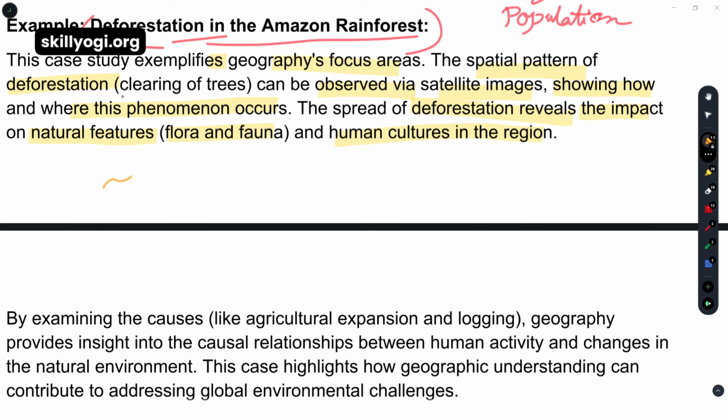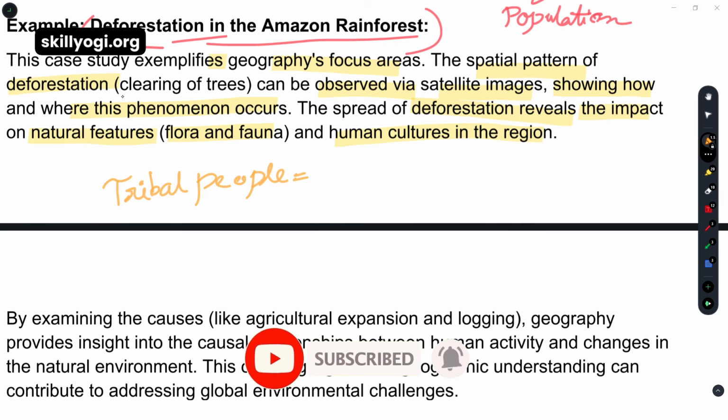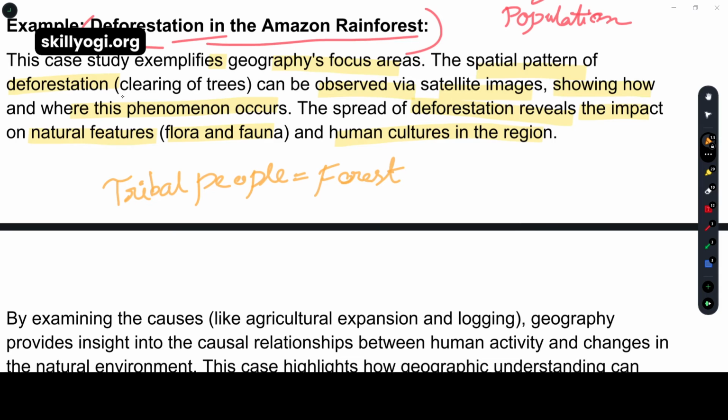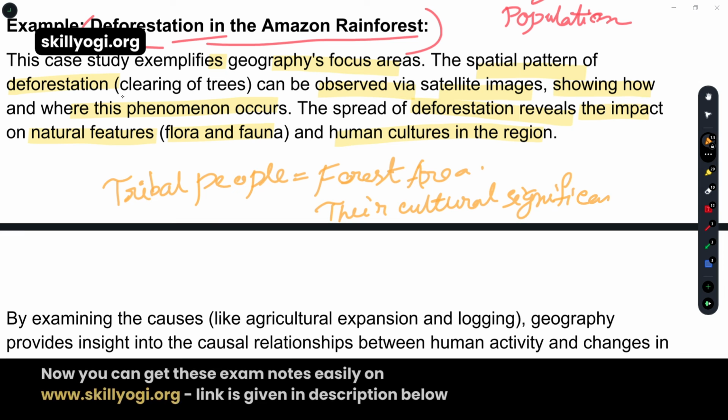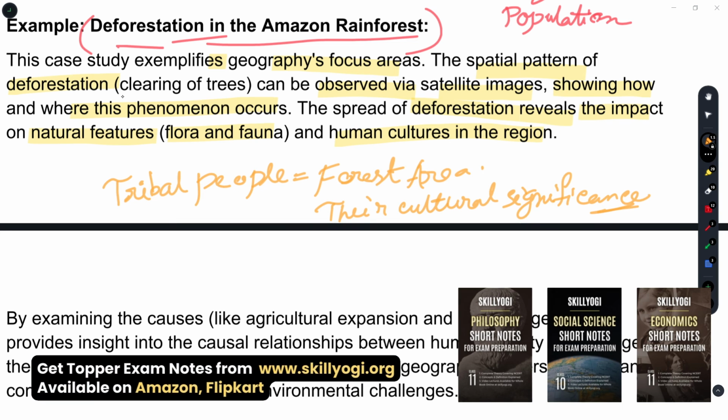The tribal people, basically the tribal people, their obvious settlement is the forest area, and their full cultural significance is totally dependent on the forest area. That is also going to be vulnerable because of the cutting of the trees.